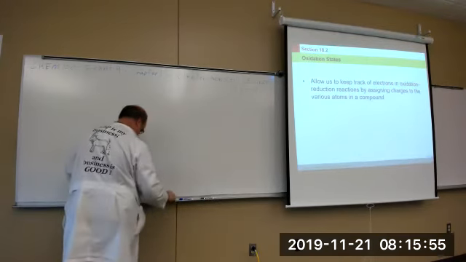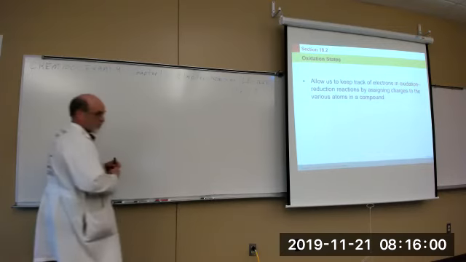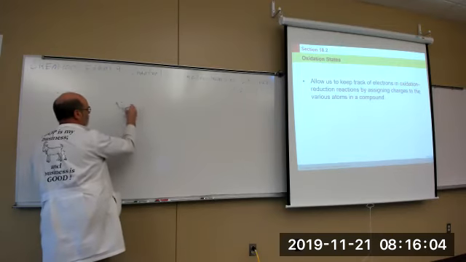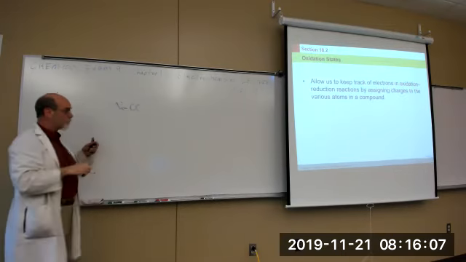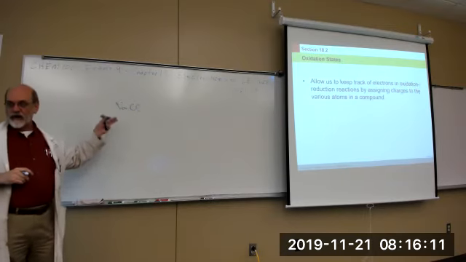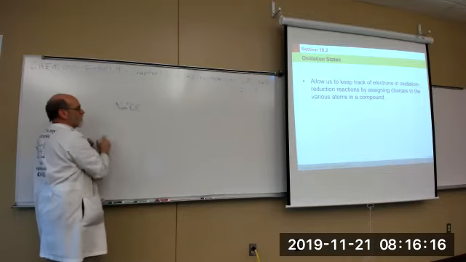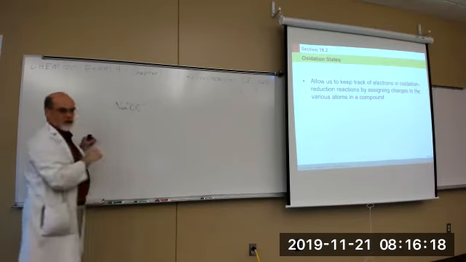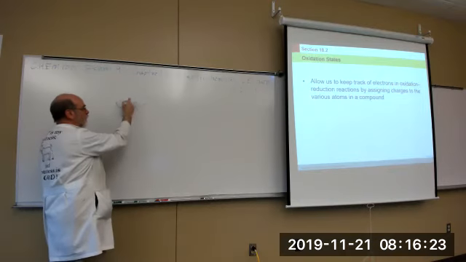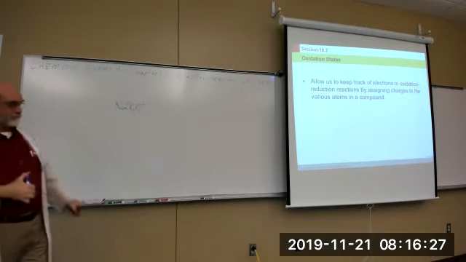Let's see. Green doesn't show up too well, so I'm gonna have to go back and forth with these guys. In that compound, it's not explicitly given, but we know that sodium is an alkali metal. So in the compound, it's going to have that charge. Chlorine's going to have that charge. Now we can tell the oxidation state. The oxidation state here is +1. Oxidation state there is -1. Okay.